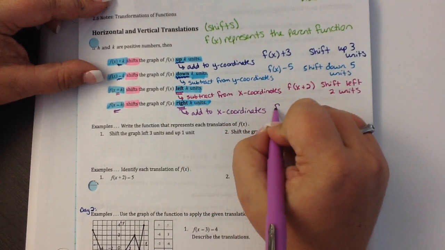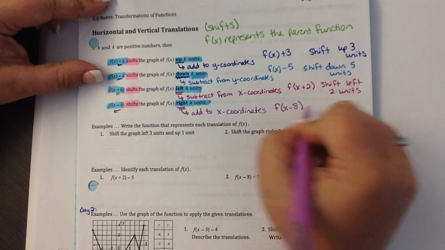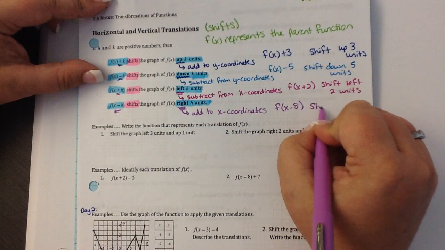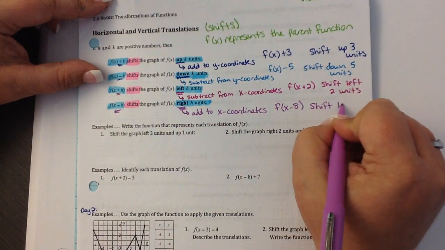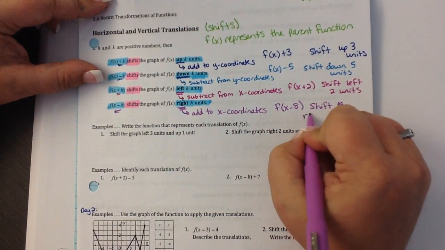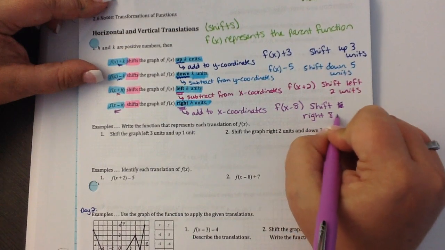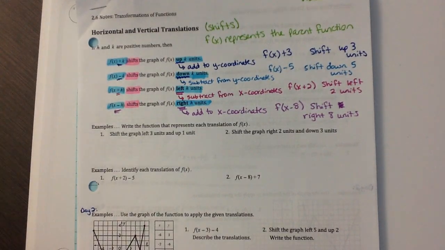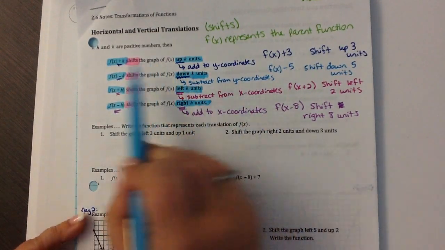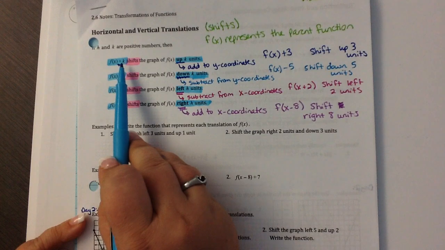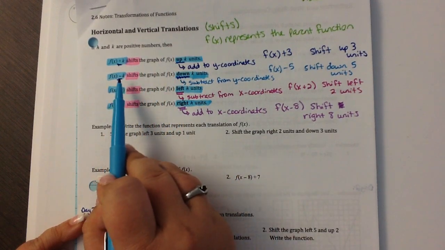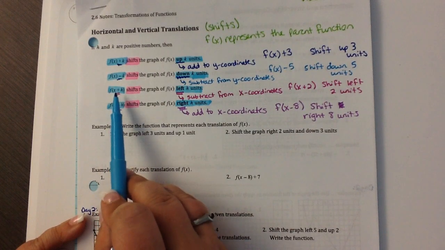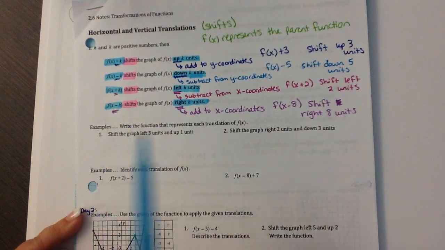So if we had something like f of x minus 8, that would shift us right 8 units. Ignore that, I started to write the wrong word. Okay, so after the x, if it's added, you'll go up. After the x, subtracted, down. Inside with the x, plus is left, minus is right.